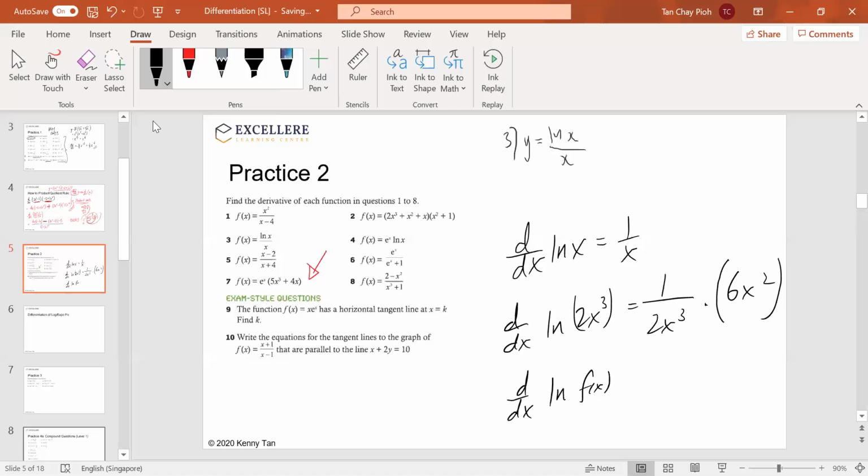So basically, if you want to formulate it, it will look something like that. ln f(x) will be equals to f prime x over f(x). f prime x means differentiate.